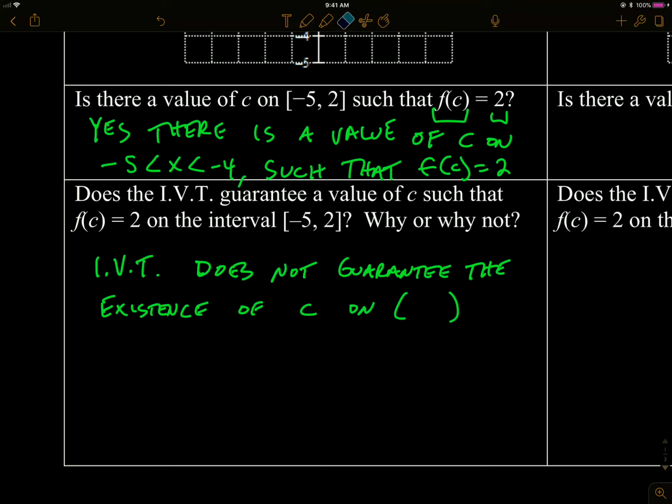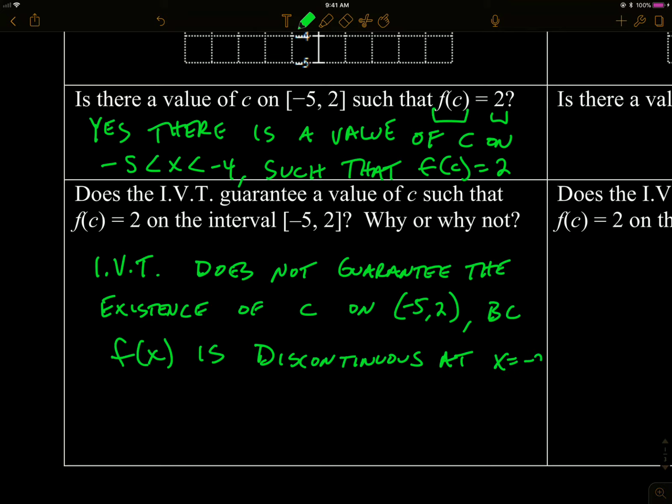We have an interval from -5 to 2. Why? Because there are two criteria that have to be met, and it doesn't meet the first criteria. We'll say because the function, f of x, is discontinuous at x equals -2, which is on the desired interval.